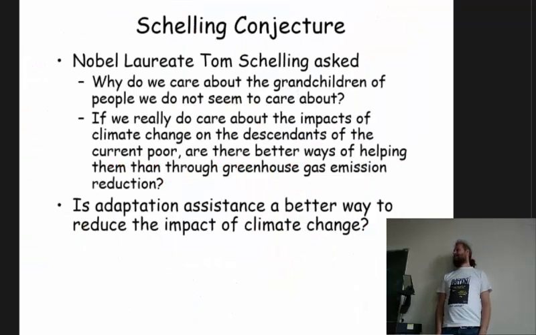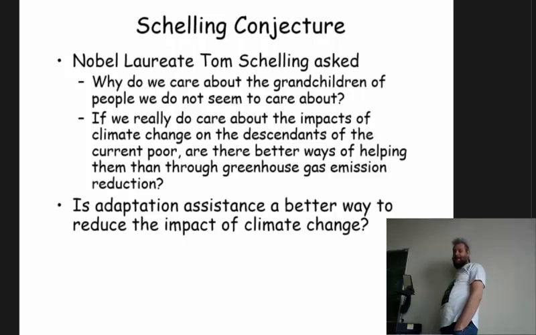So that implies that the benefits of climate policy primarily fall on the children and grandchildren of Bangladeshis, people in Cameroon, people in Nigeria. Not on your kids. They would benefit much less from greenhouse gas emission reduction. So that is almost a statement of fact.